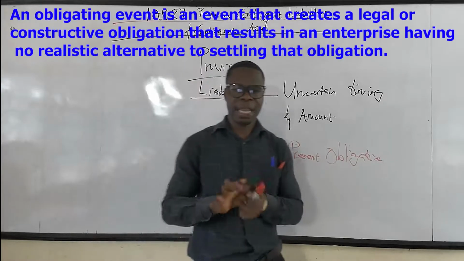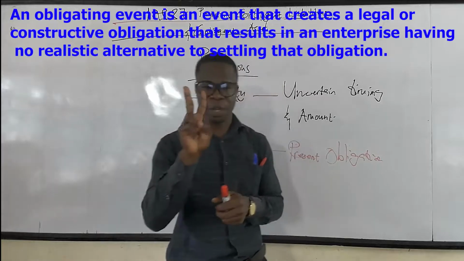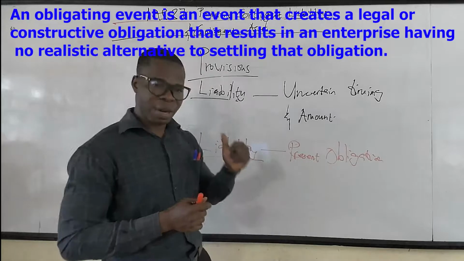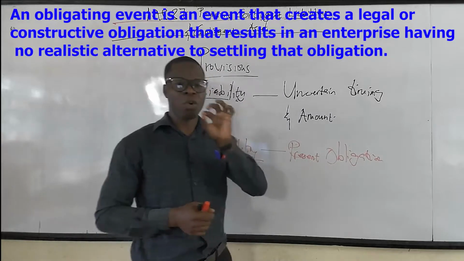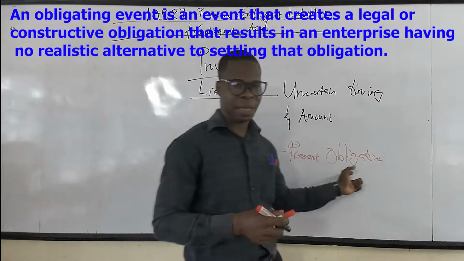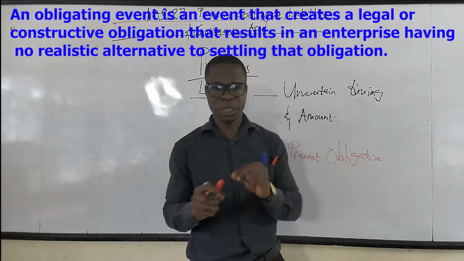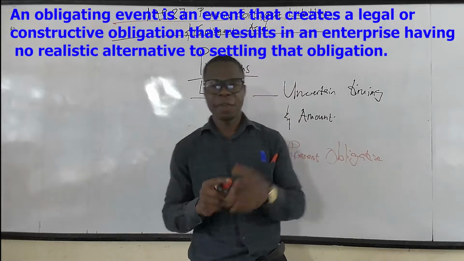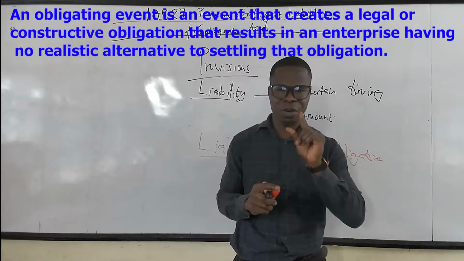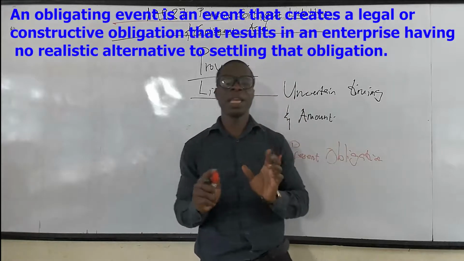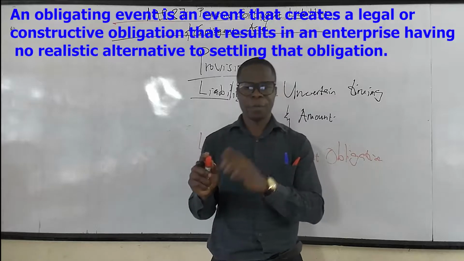Obligations are events that create two things. First, they create a legal or constructive obligation. So anytime we say obligation, we are saying events that create a legal or constructive obligation. And for this obligation, the entity cannot avoid it or undertake any realistic alternative to it.